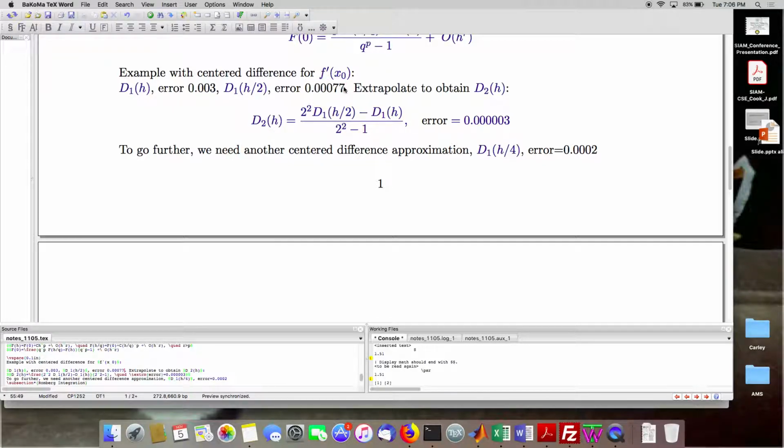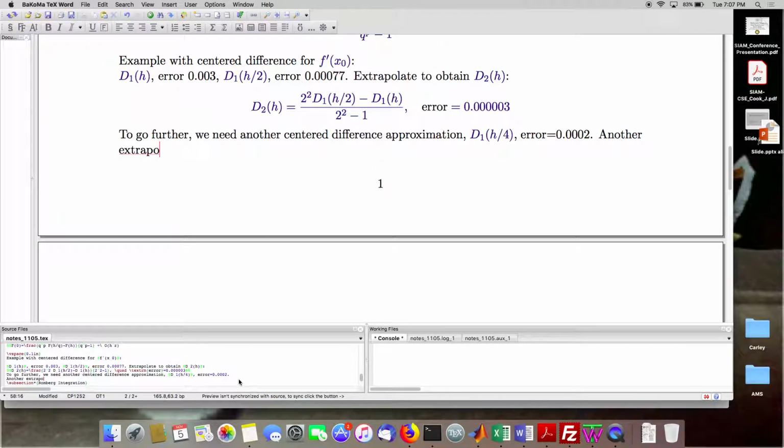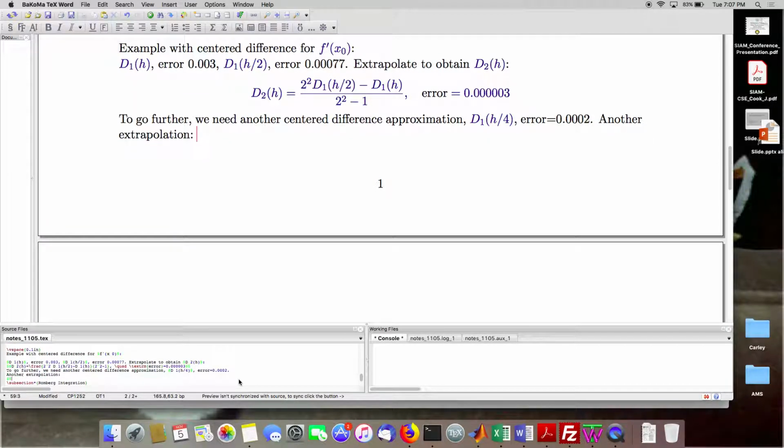Now I can take d1 of h over 4 and d1 of h over 2, extrapolate between them, just like I did with these two approximations. I'm going to call that result d2 of h over 2.